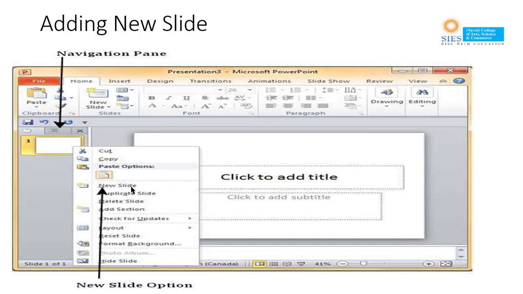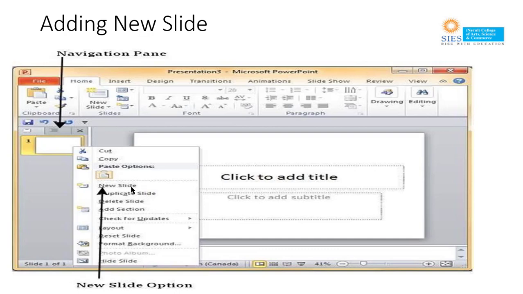Step 3, to change the slide layout, right click on the newly inserted slide and go to the layout option where you can choose from the existing layout styles available to you. You can follow the same steps to insert a new slide in between existing slides or at the end of the slide list.